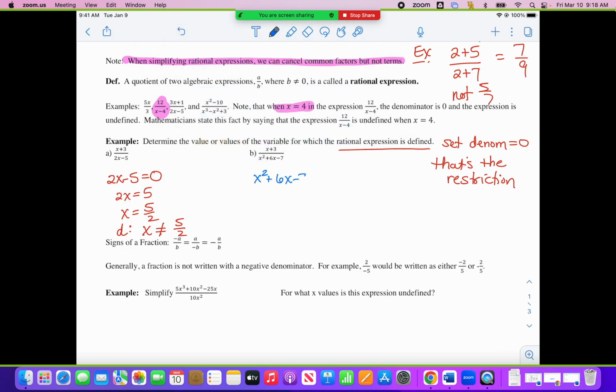Oh, now you can see why you did quadratics. All right, so in letter B, set the denominator equal to 0. Let's try to factor it.